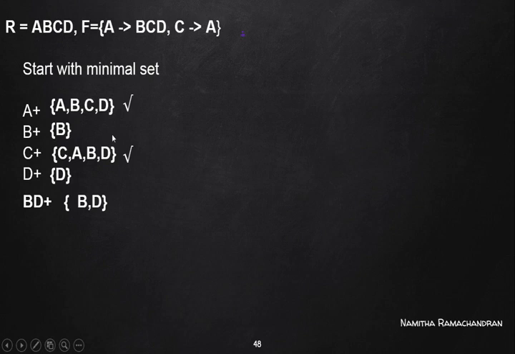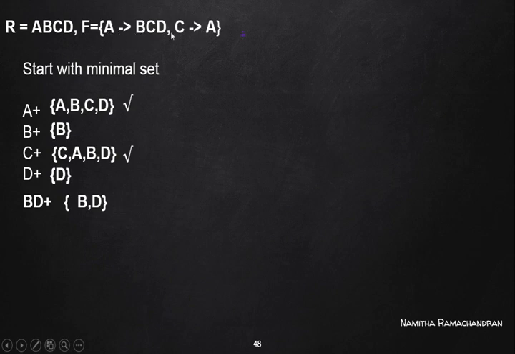So consider the next higher set, that means a set containing two elements, and the set must be formed with the help of B and D, other than A and C. So the combination with two attributes is B and D. The closure of B and D is BD alone, because B and D are not present in the LHS part.